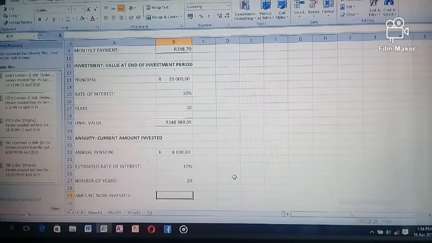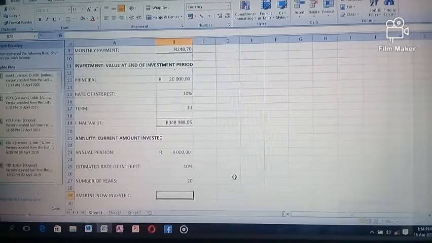So look at this, guys. We wanna find our present value, the day we took, the day this thing started. So let's say you wanna invest 50,000 rands on something, or maybe you wanna buy a car with that 50,000 rands.